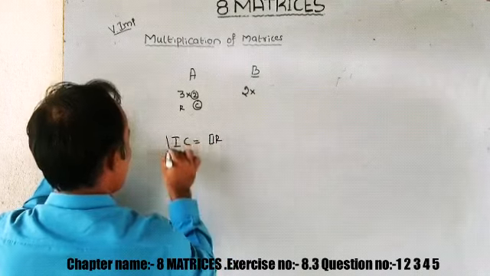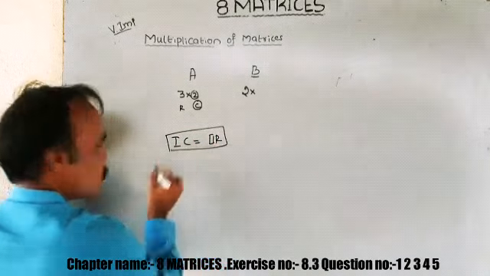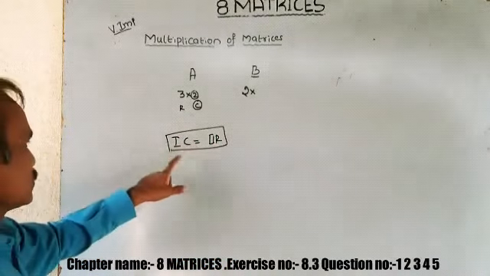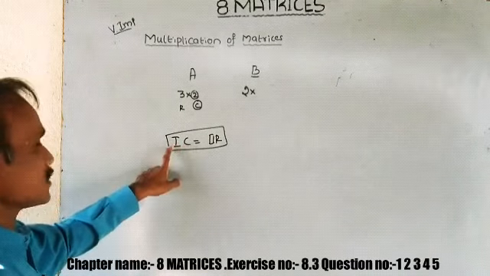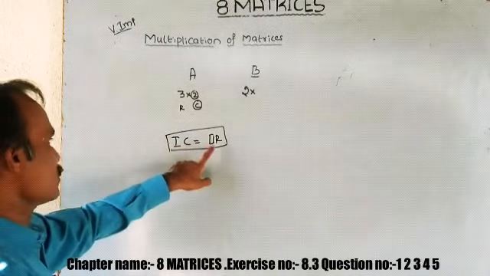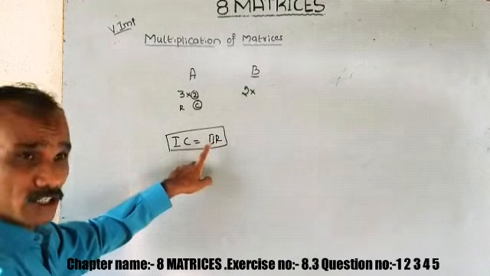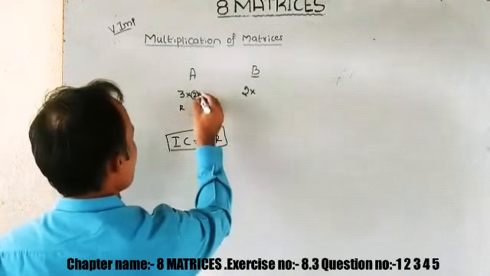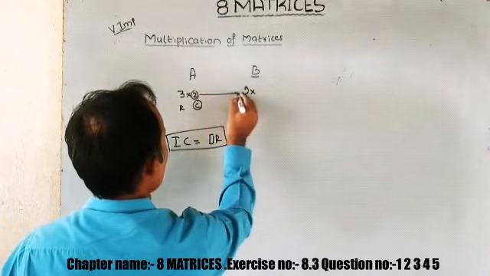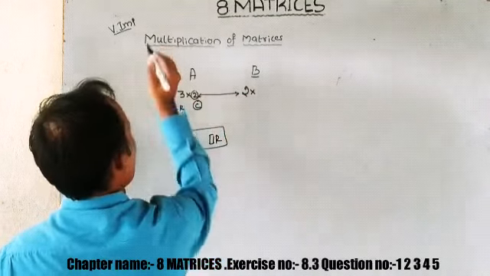This is the rule: first C is equal to second R. First C means columns of the first matrix. If these two are equal, then only we can multiply.